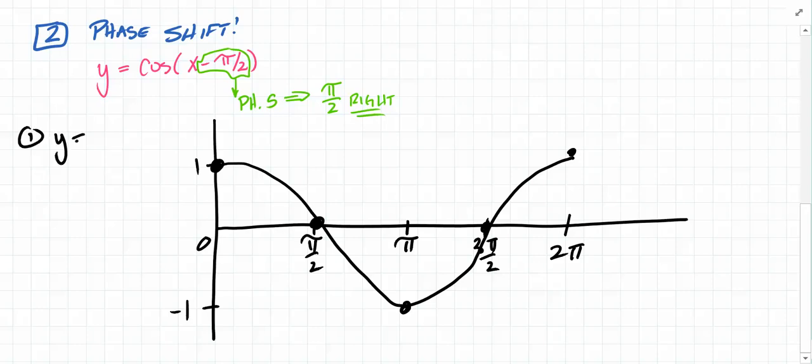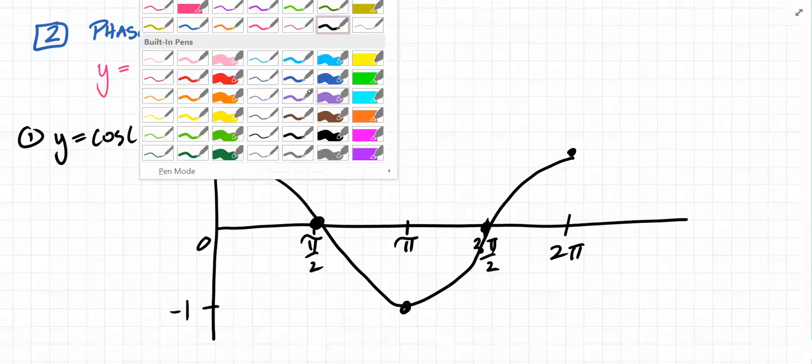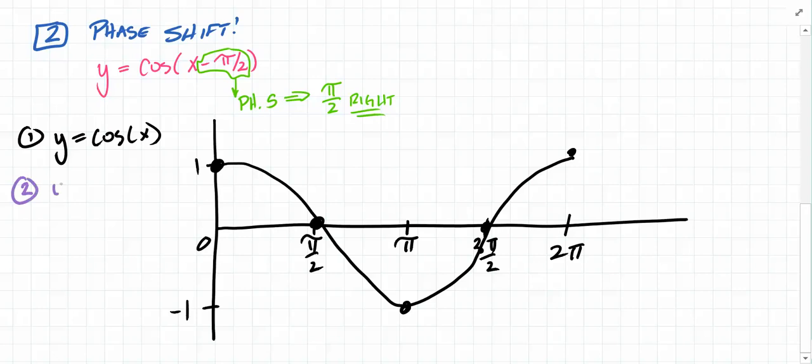Next, I'm going to choose a different color to make it easy for you to see. I'm going to graph the cosine of x minus pi over 2. That means each of my 5 dots needs to move pi over 2 radians to the right. So this dot needs to come over here, moved a distance of pi over 2 to the right.